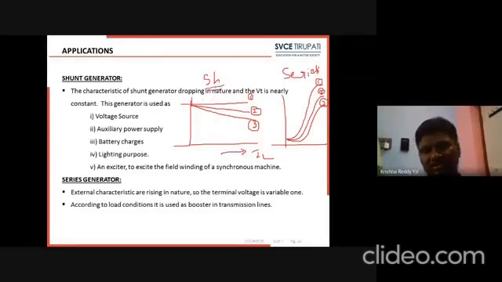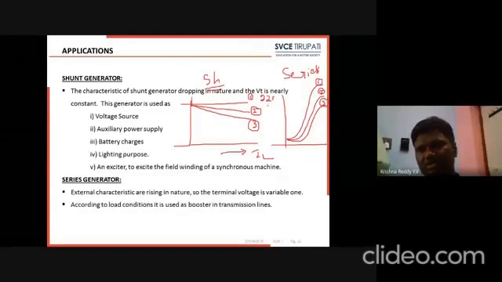In the shunt generator, the rated voltage is 220 volts. Due to armature reaction, we get a small voltage reduction of 5 volts, so it is 215. The armature resistance is small, so we have a small drop due to it, and it becomes 210 volts.